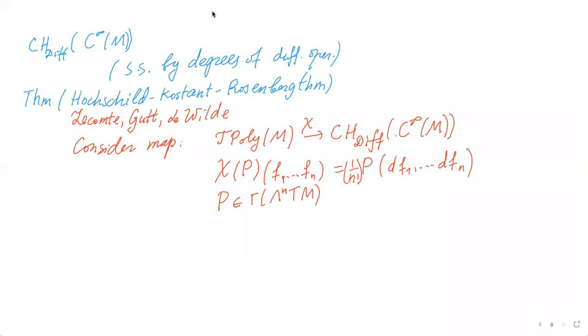Yes, definitely, it is graded, of course. You see, it sends polyvector fields of degree n to cochains of degree n. So let me put it like this: the dot denotes the grading, and the dot here will also denote the grading. So chi will preserve the grading.